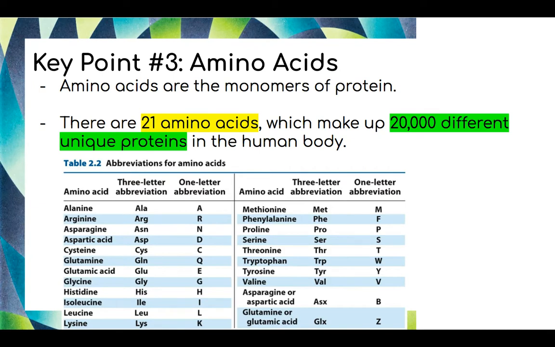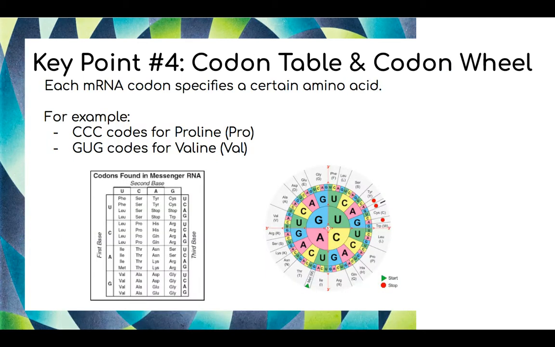Okay, so amino acids are the monomers of protein. There are 21 amino acids and they make up 20,000 different unique proteins in the human body. So here they all are. There's alanine, arginine, asparagine, a lot of them end with "ine." And every amino acid has specific codons to specify it.